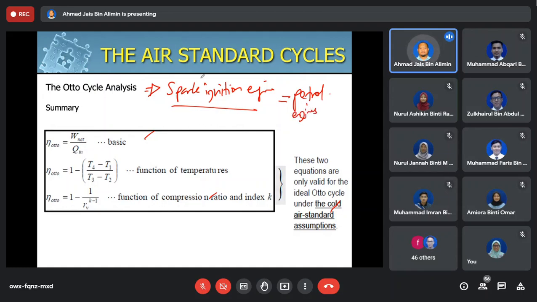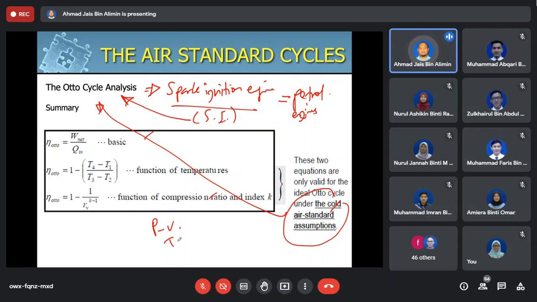So for spark ignition, the ideal cycle is the Otto cycle. Why do you use the Otto cycle? Because you assume everything as the cold air standard assumptions. Okay, and then you need to have the PV sketch as the first priority, and then on top of that, the T-S sketch.